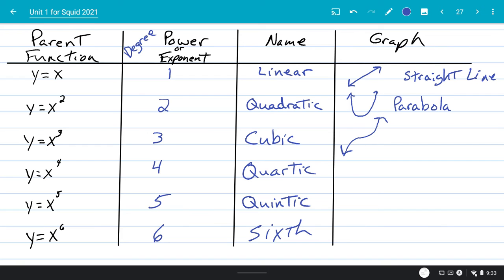But it goes something like that. It's got a little swerve in it. A quartic looks something like a parabola. It's just got a little junk in the middle. A quintic looks kind of like a cubic, doesn't it? Just got a little junk in there. Anybody want to guess what they think a 6th degree is going to look like?